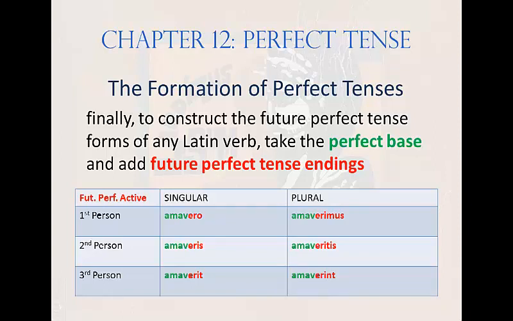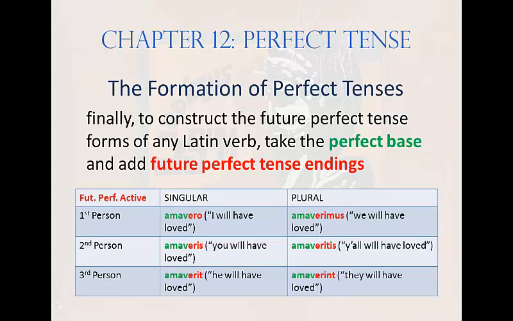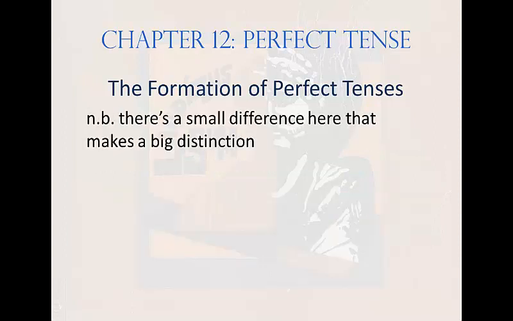So the future perfect of the verb amo would be amavero, amaveris, amaverit, and so on. These future perfect forms in Latin are the equivalent of adding will have to a verb in English. Thus, I will have loved, you will have loved, he will have loved, and so on. Be careful to notice one small difference, just a simple change of vowel, that makes a big distinction in grammar.